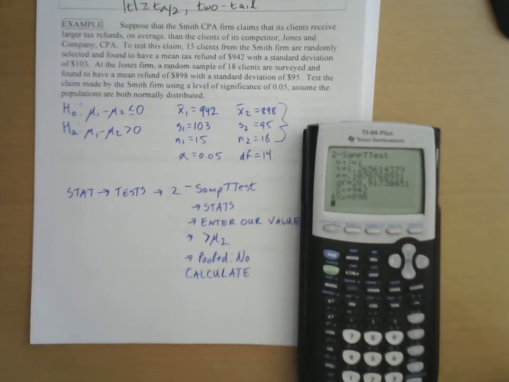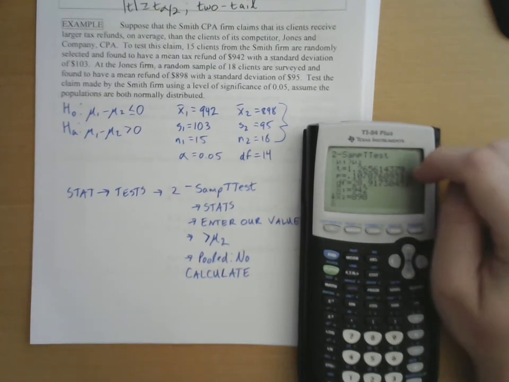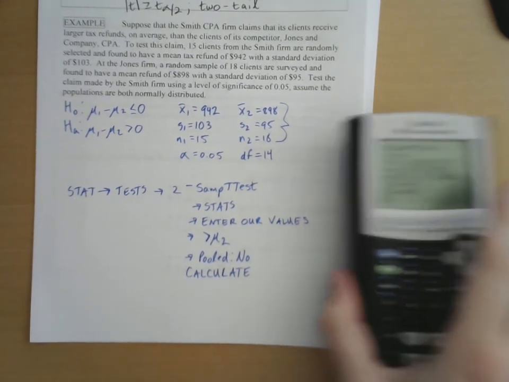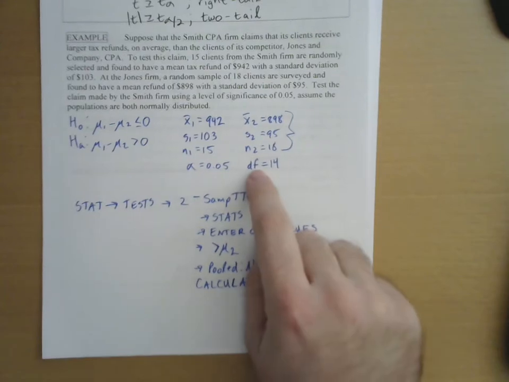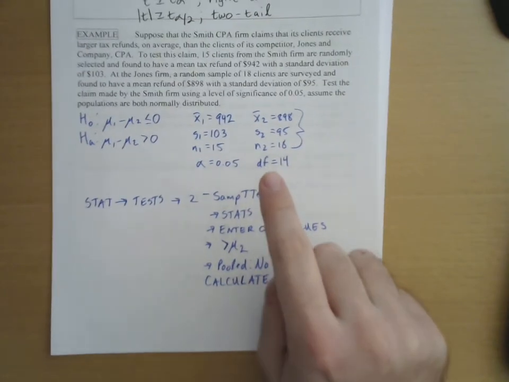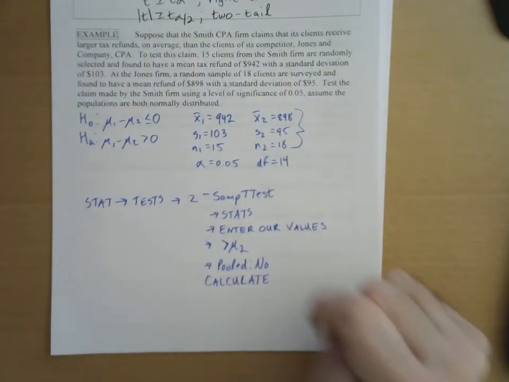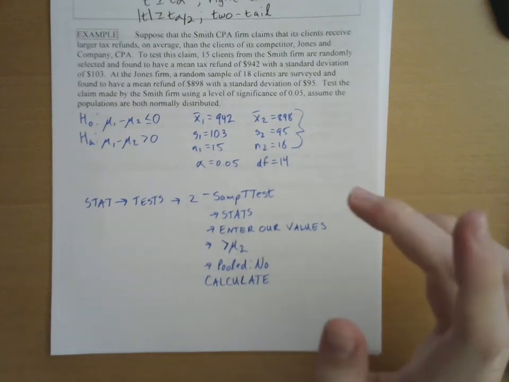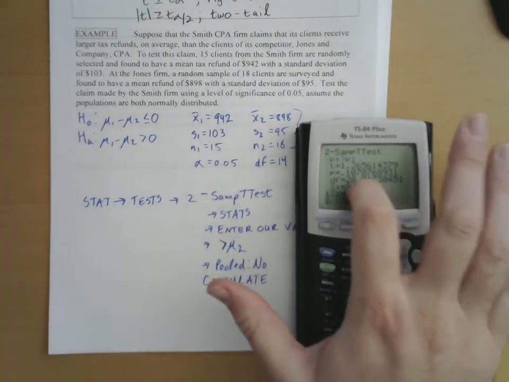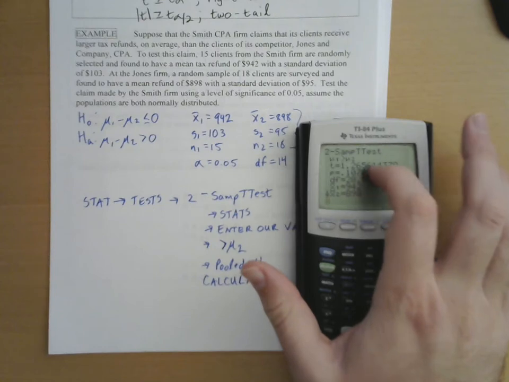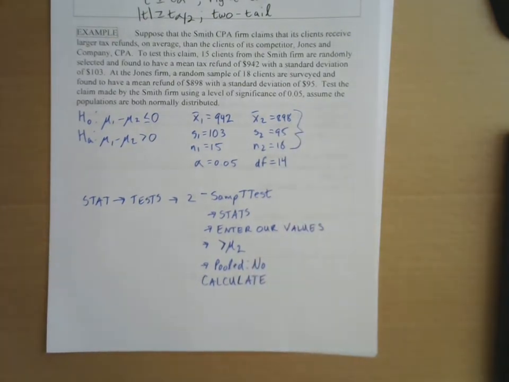Now, the thing about the degrees of freedom, this is not the degrees of freedom that we would have used to calculate t sub alpha. This is a different degree of freedom associated with this particular t-score. So there's usually some confusion about that. Remember that the number we found earlier is if you're looking to find t sub alpha, t sub 0.05. This degrees of freedom number is different. It's associated with our t-score that we've just found.